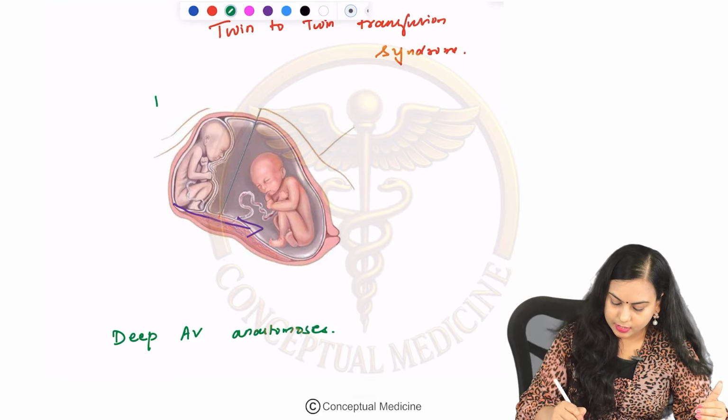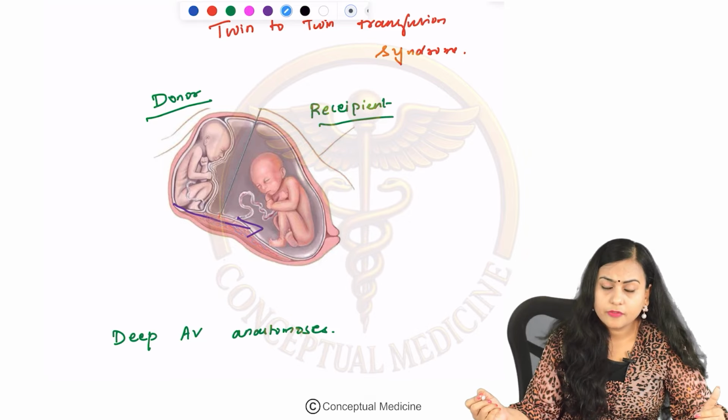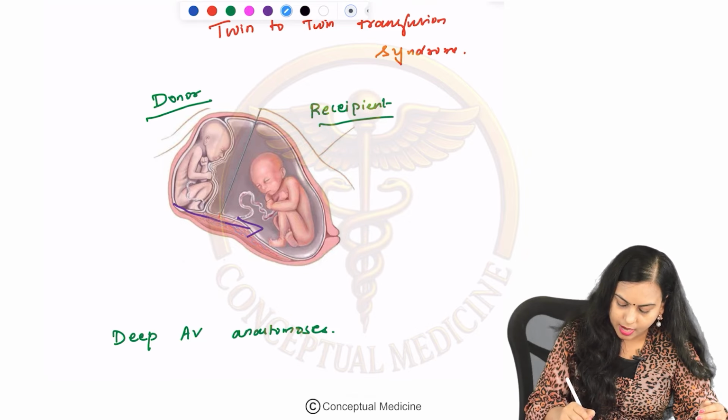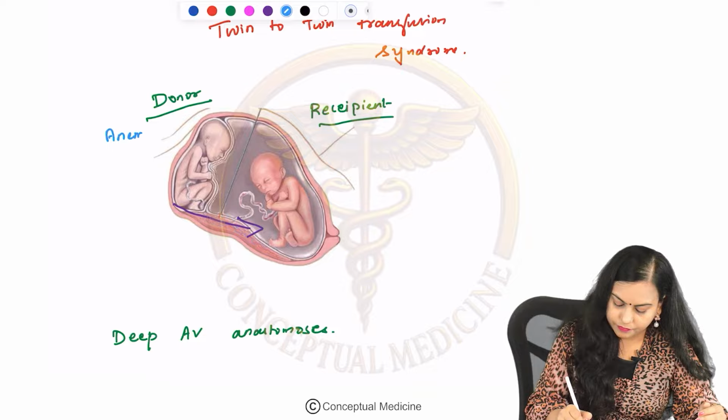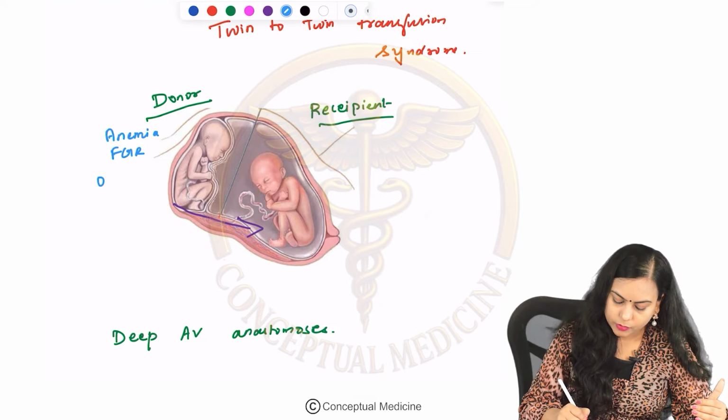So this fetus is going to be a donor fetus and this fetus is going to be a recipient fetus. The donor fetus is going to have anemia, FGR, and the liquor in which this fetus is present is also going to be less. So this side it is going to be oligohydramnios.